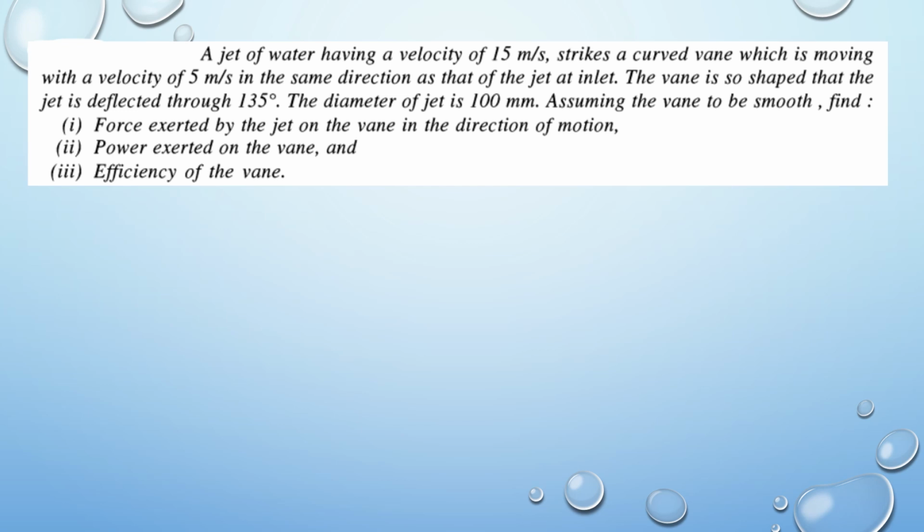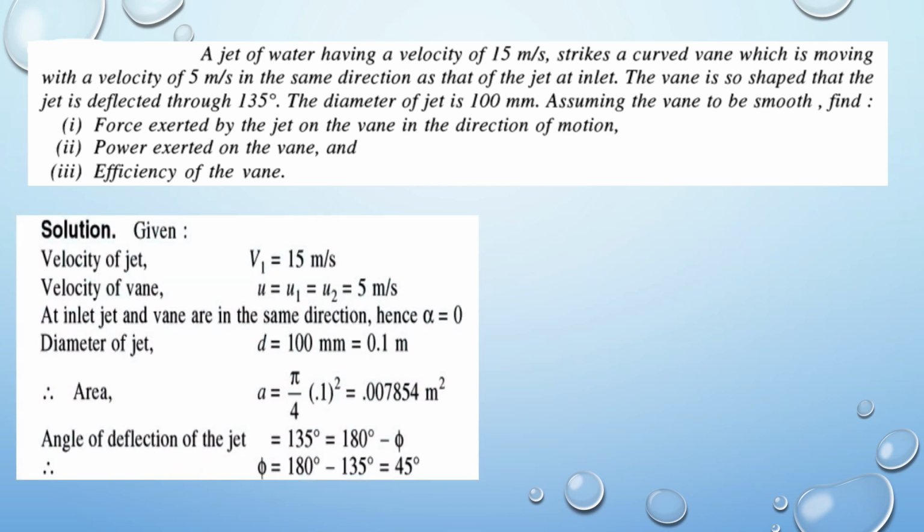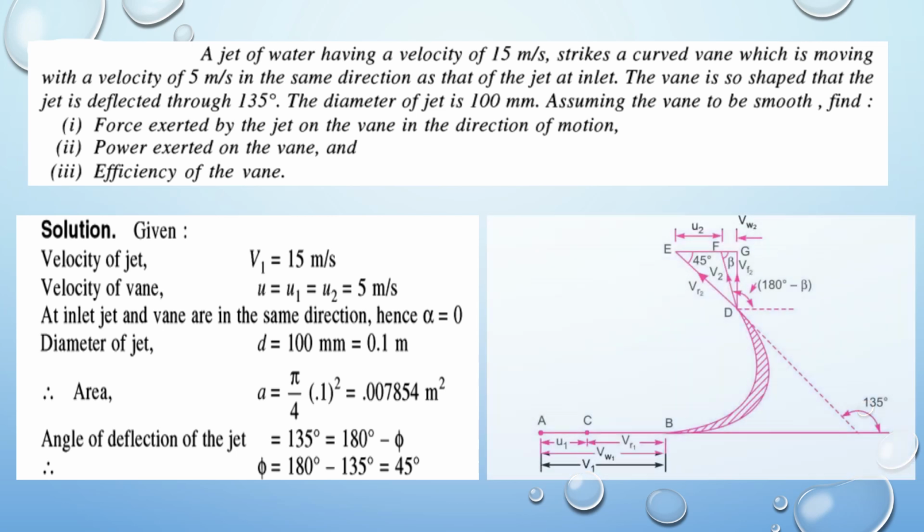So here again, first we will note the given things, and when we draw the velocity triangle, it will be something like this. So you can see that here at inlet it is not a triangle, rather it is a straight line. Why? Because here the guide blade angle is not given, that is the angle alpha is not given.